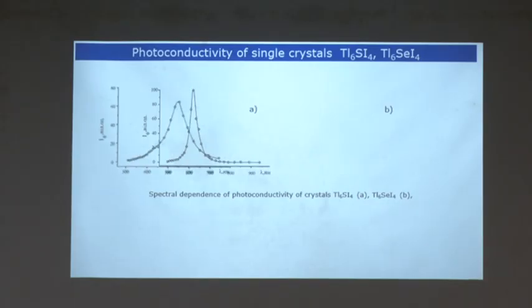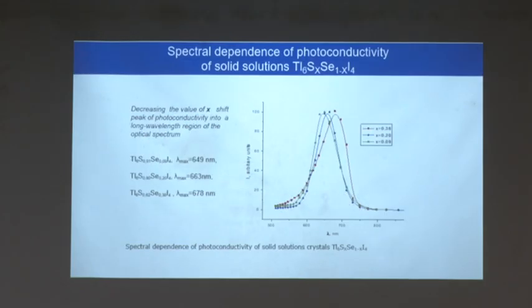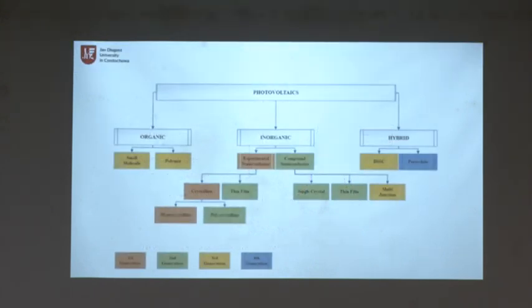Here you see how not only photoconductivity changes, but also the so-called photoconductivity coefficient, because not only the maximum for photoconductivity is important, but also the efficiency of generating photocurrent by the material. And like previously, preparing a solid solution, we can also adjust electronic properties to our needs.